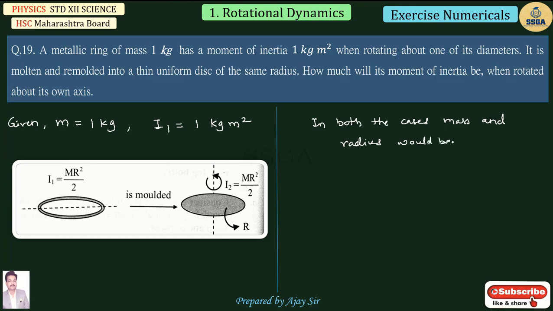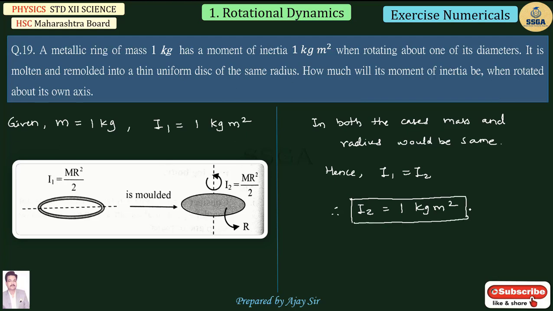So hence I1 before and after is the same. So therefore, the moment of inertia about an axis passing through the center of the disc, that is I2, is again similar to I1, that is 1 kg meter square. So this is the answer.